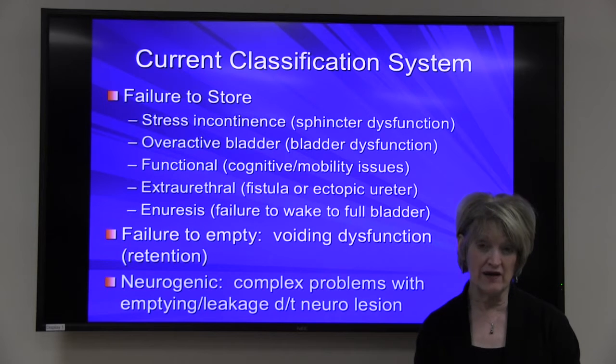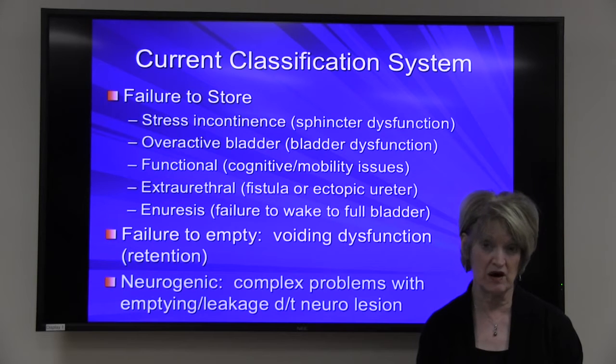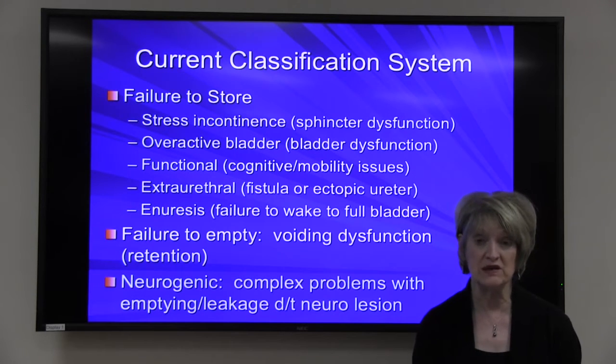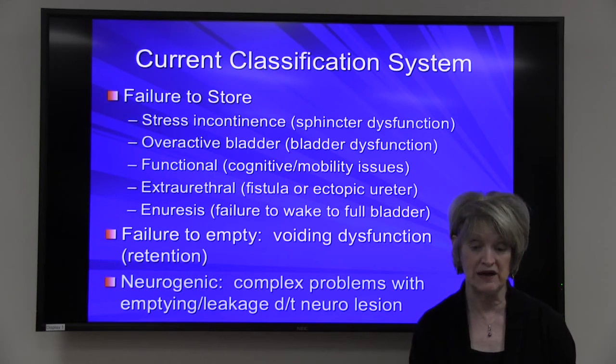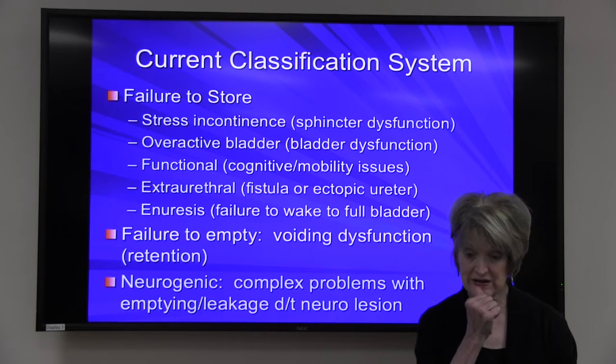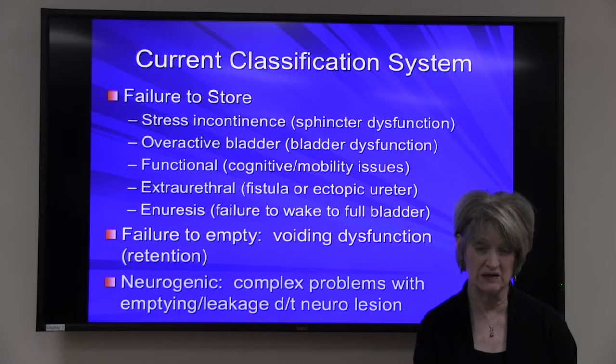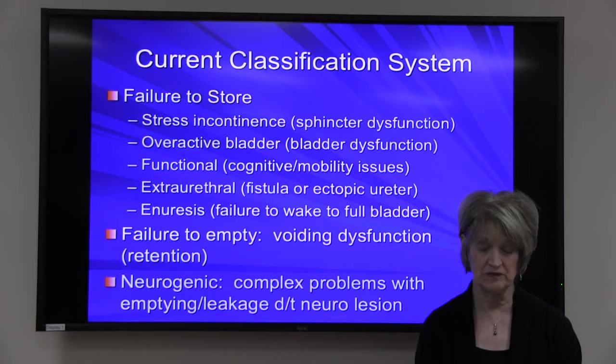Bottom line, if you have extraurethral incontinence, the only way to manage it is to either correct the underlying problem surgically or to manage it with absorptive products. So we're not going to spend much time on extraurethral. And then finally, enuresis, which is a pediatric condition, is bedwetting past the age at which nighttime continence is typically obtained. And that, again, is a storage issue.